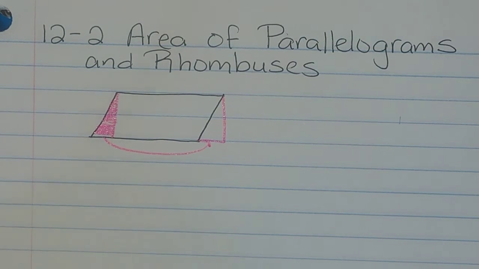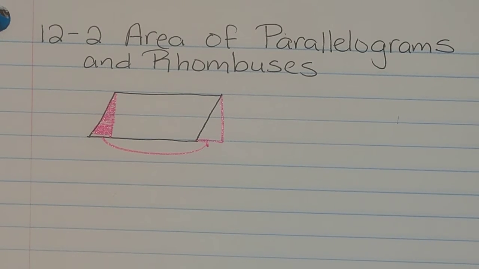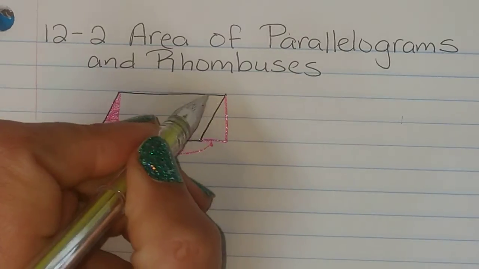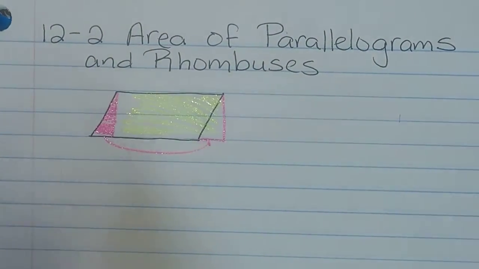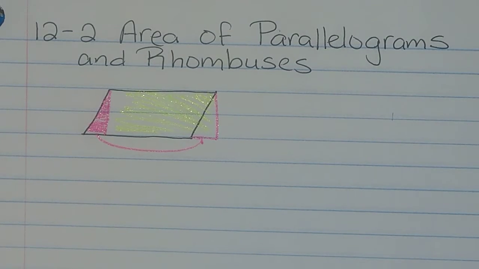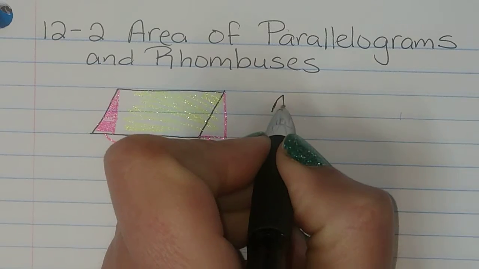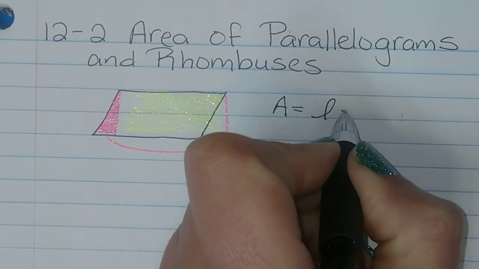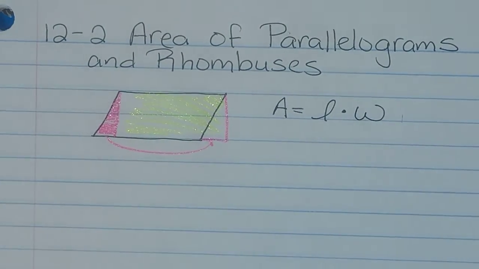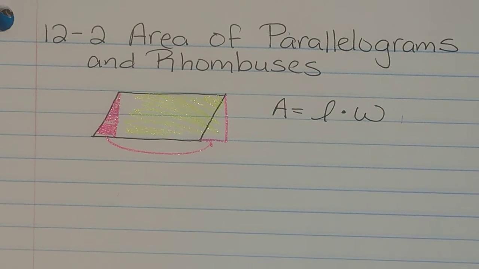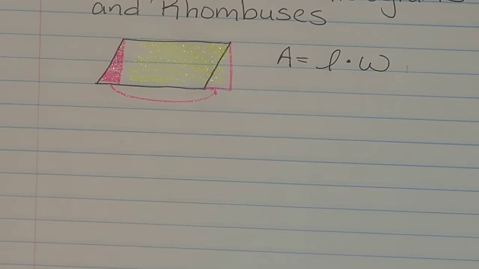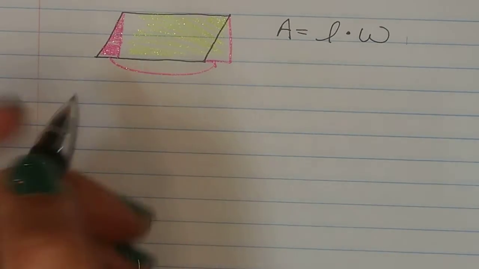You can see that now my whole shape is a rectangle, which now we know the area of a rectangle is length times width. When we look at rhombuses or parallelograms, we're going to be given two measurements.